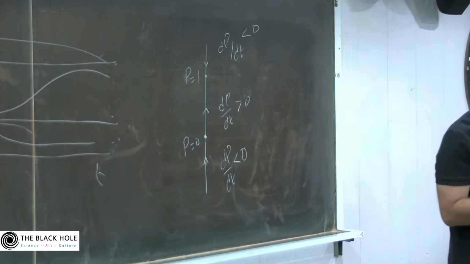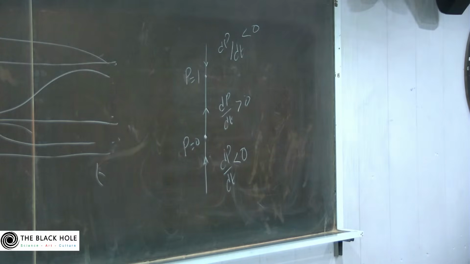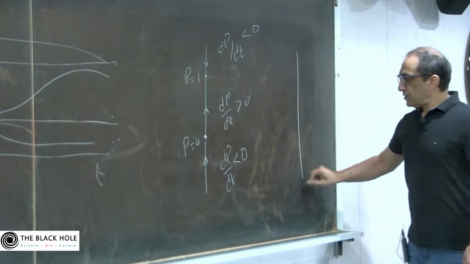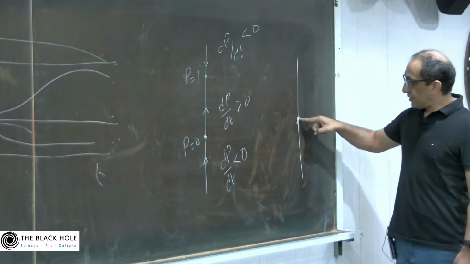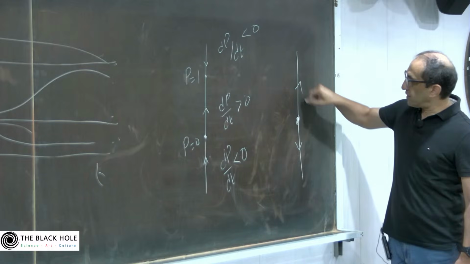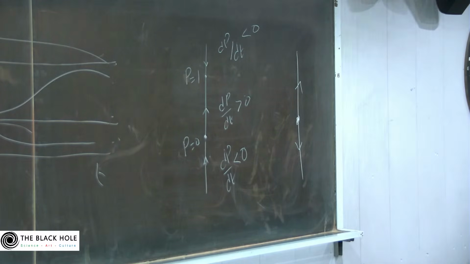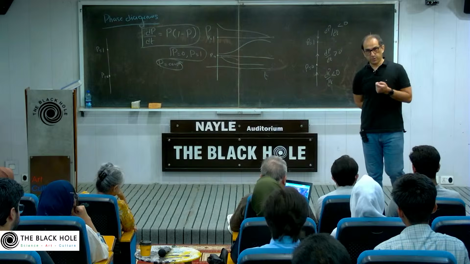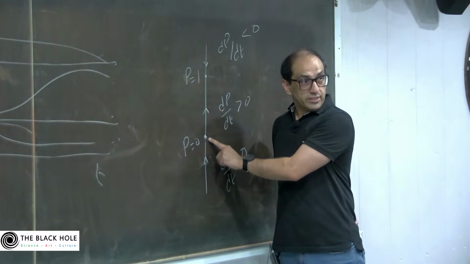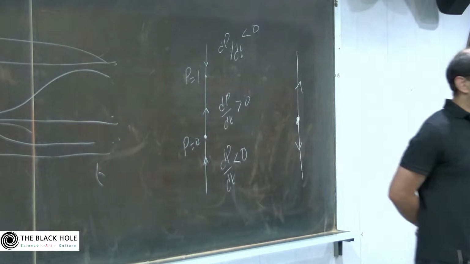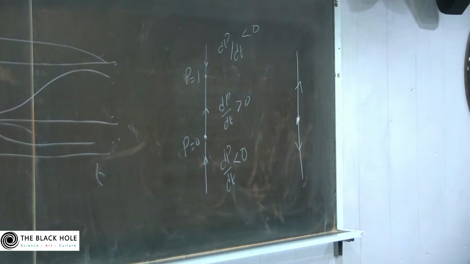So this is what we call the stability. There could be another point, in other cases, where this thing will be going in this direction and this thing will be going in this direction. In that case, we will call it an unstable point. In this particular case, one thing is going in this direction, the other is going away. So this is a semi-stable point. Okay?